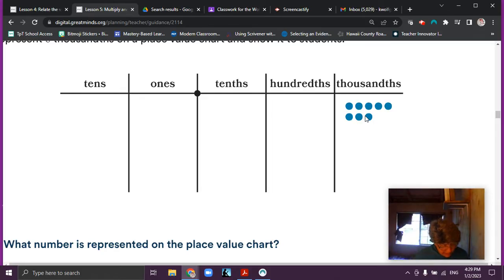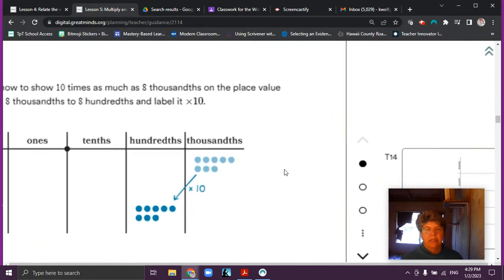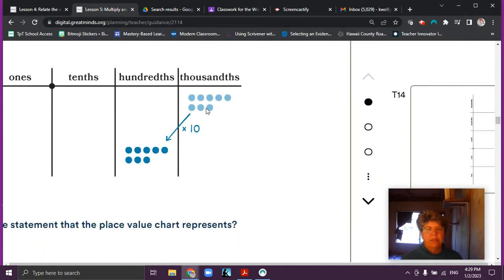And what number is 10 times as much as 8 thousandths? Yes, 8 hundredths. So times 10, we're moving to the left. 8 hundredths is 10 times as much as 8 thousandths.